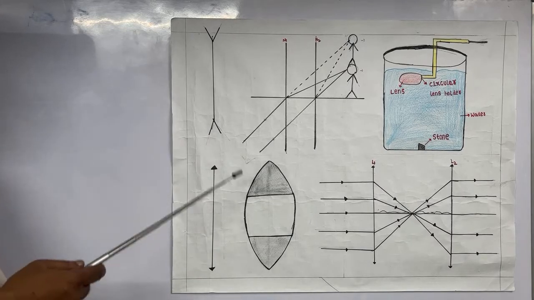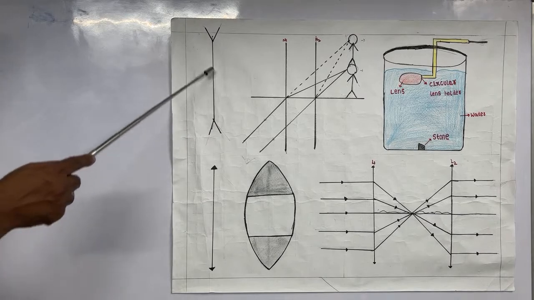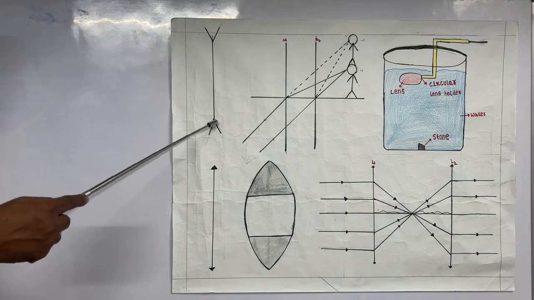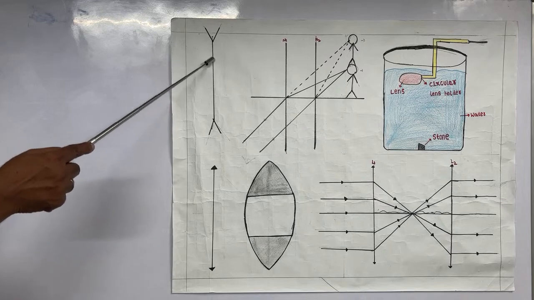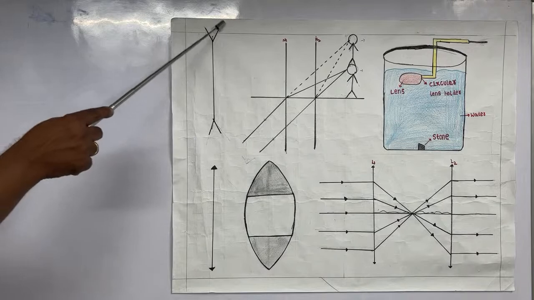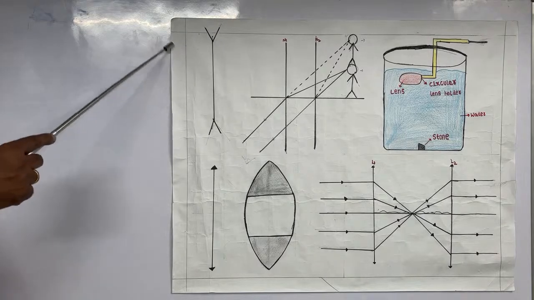Now we will go for a few concepts here, and here two figures you can see. One line with a kind of inverted V shape here and a V shape here. Whenever we get this kind of symbol, we call it a concave lens.